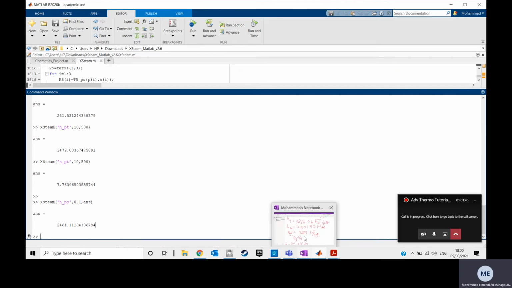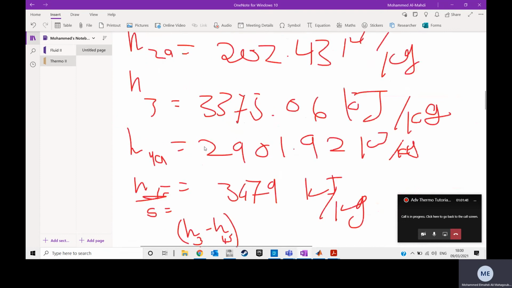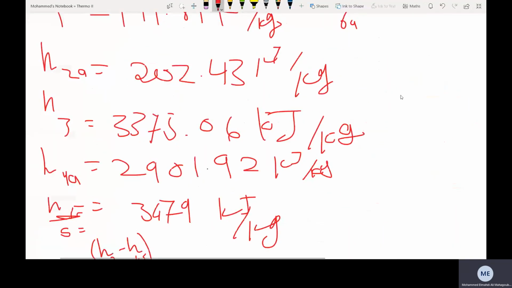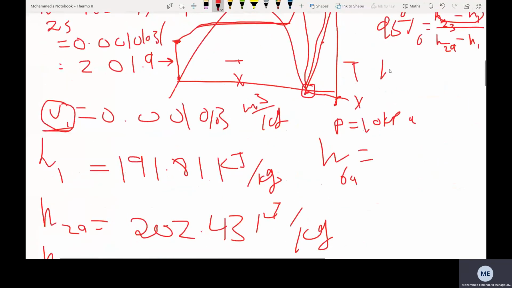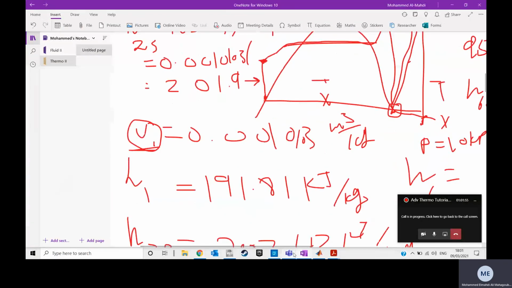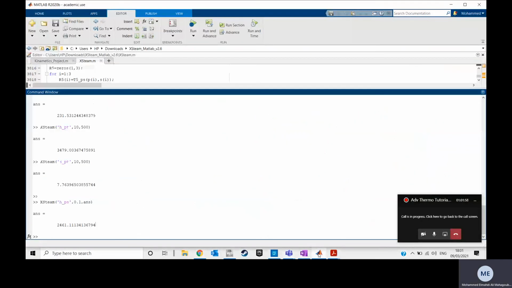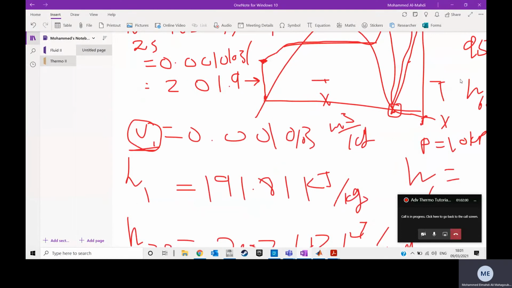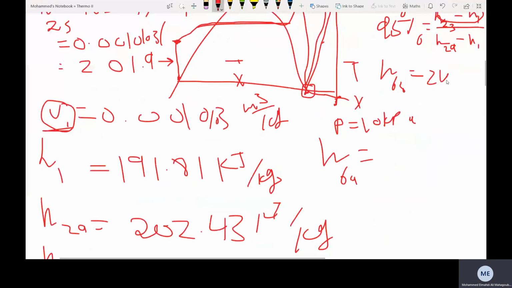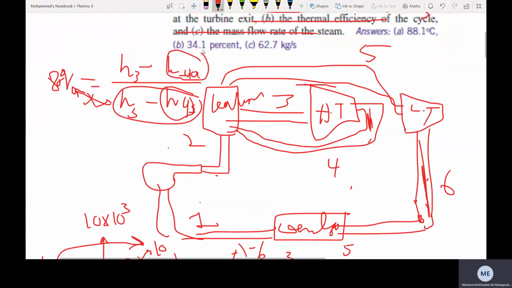So this value, of course, you're going to get from the table, but as I told you, we're using the code here to save some time. So this is H6S: 2461.11 kilojoules per kilogram. What we're going to do is apply the same equation again, but just change the points. So here 5, 5, 6, 6: 80% equals, what is H5?